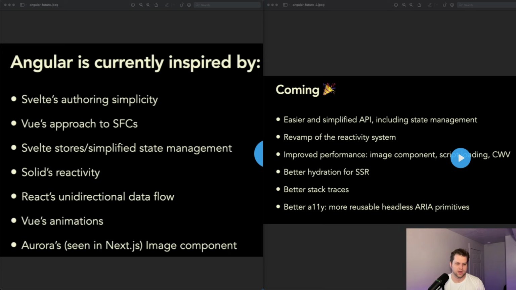So, yeah, that backlash against RxJS, to me, it's three things. One is the operators and the API in general.